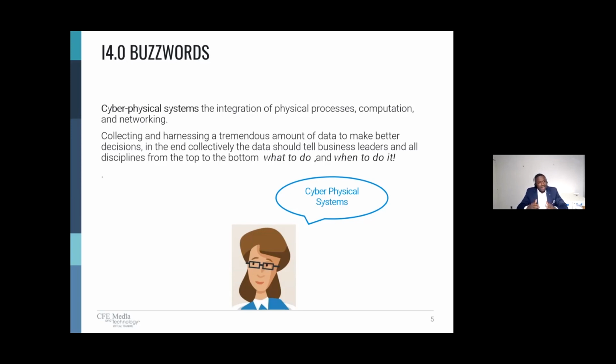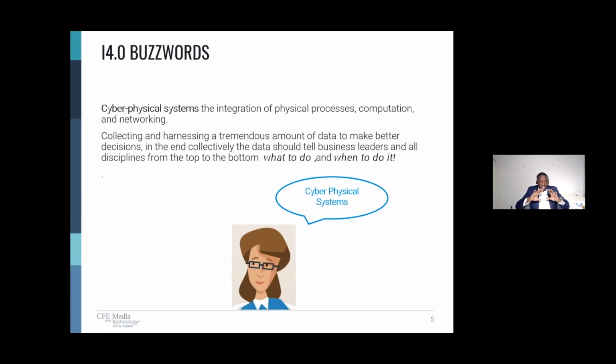In the end, collectively, the data should do what? Tell business leaders and all other disciplines working with that data, from the top floor to the bottom, what to do and when to do it. The data should tell you what to do and when to do it. So that is how we would define cyber physical systems.